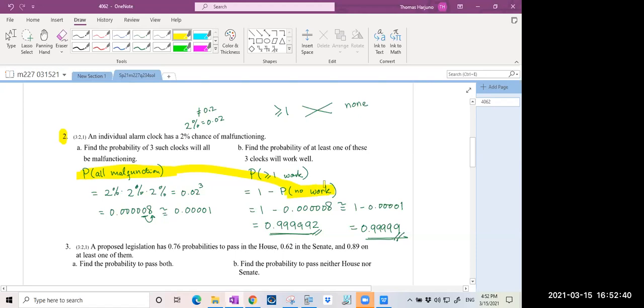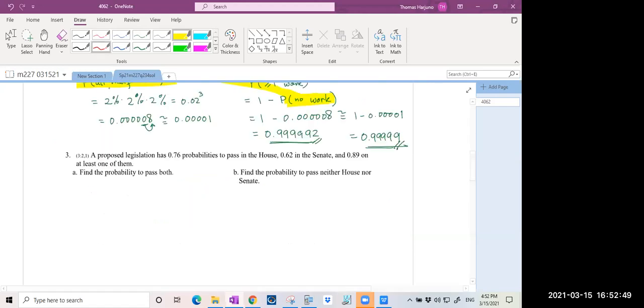Is that the same concept for the next question, part B? Yes, that's right. So what happened here is the probability of passing the House is 0.76, the probability of passing the Senate is 0.62, and the probability that at least one of them passes, either House or Senate, is 0.89.